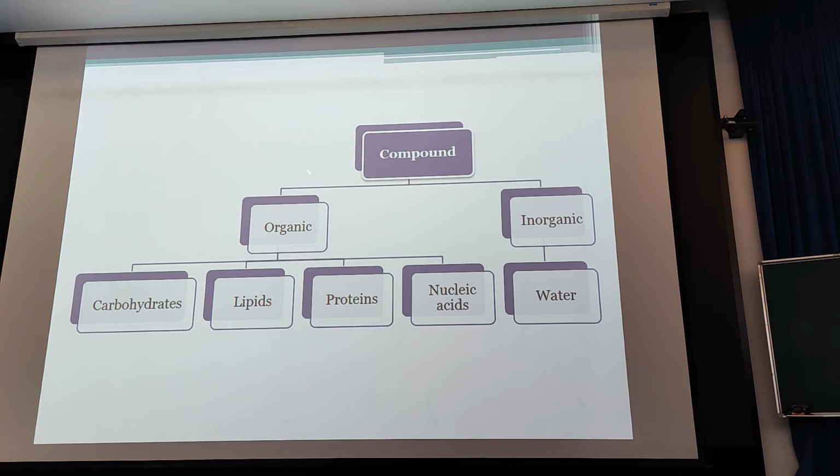All the compounds in living organisms we can classify into two types, organic and inorganic. Organic compounds contain carbon, and inorganic are the rest. For organic compounds, we have carbohydrates, lipids, proteins, and nucleic acids. Inorganic: 70% of living organisms is water.